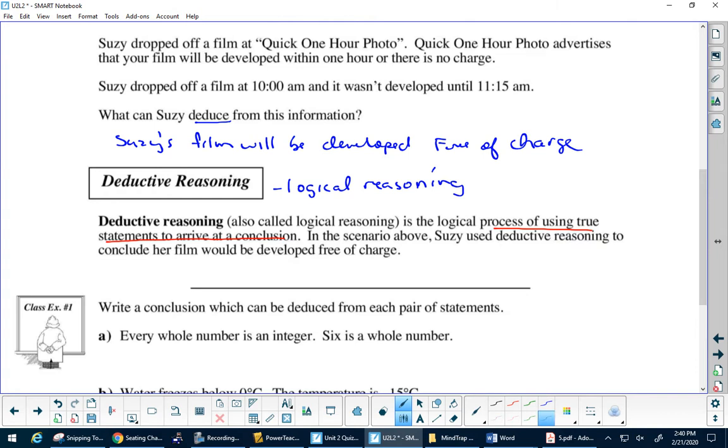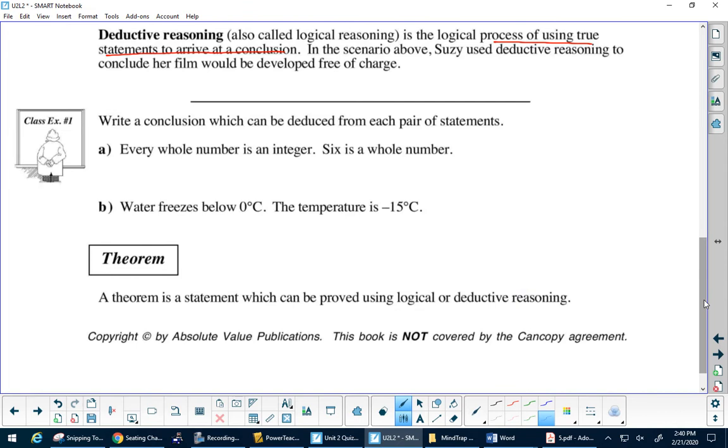Now let's just talk about these. Write a conclusion that can be deduced from the pair of statements. Every whole number is an integer. 6 is a whole number. First of all, let's talk about this statement: every whole number is an integer.